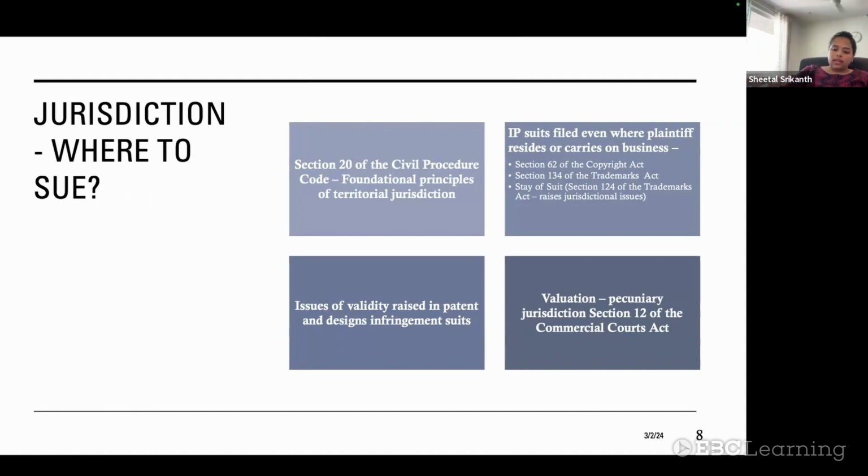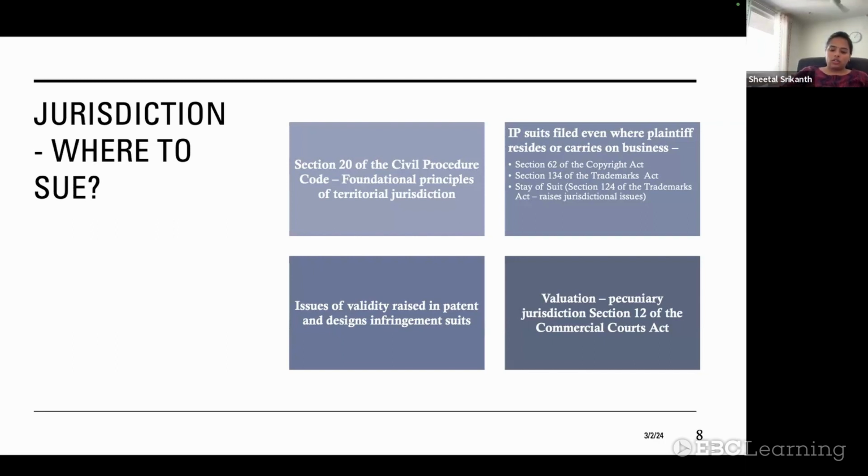And the third thing is a concept called cause of action. In very simple words, cause of action basically refers to a bundle of facts that become the reason for you to come to court. So basically, if I am complaining of an injury, if I am complaining that some rights of mine have been violated, which is the reason for me to knock on the doors of a court, I have to explain what facts actually form part of the cause that have led me to come to this court, right?